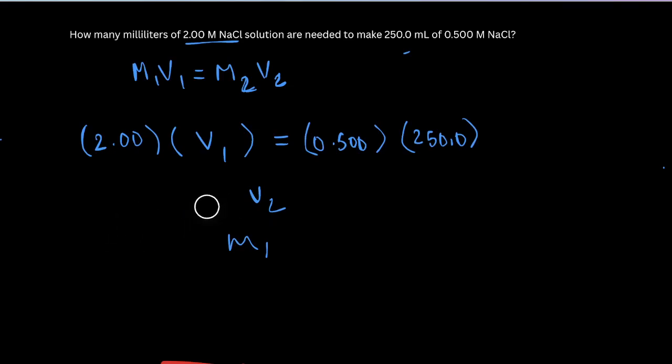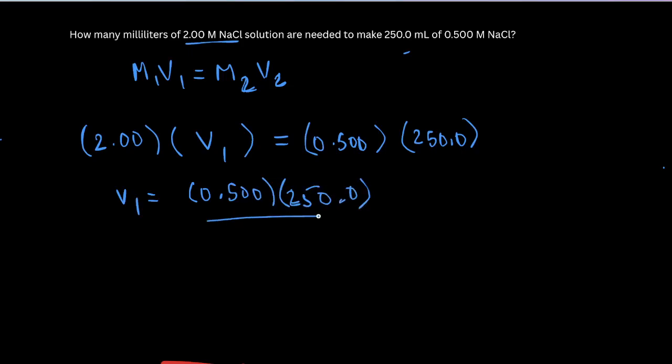Now let's do that exact same thing with the values in the problem. Dividing both sides by our M1 gives us V1 equal to 0.5 times 250 divided by 2, giving us an answer of 62.5.